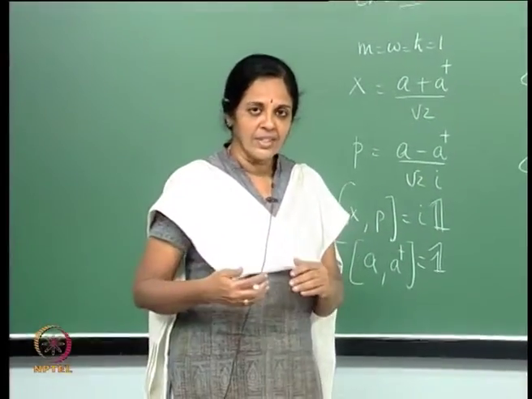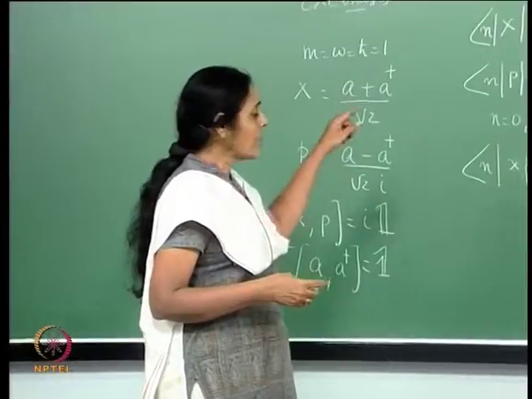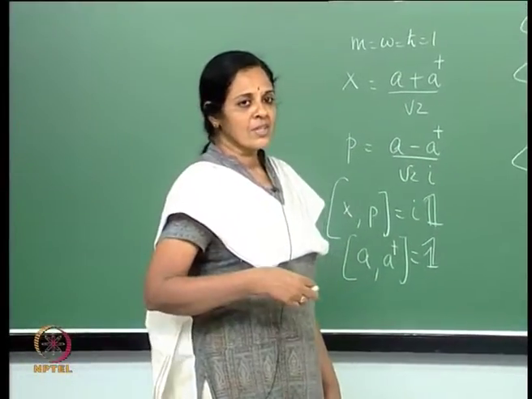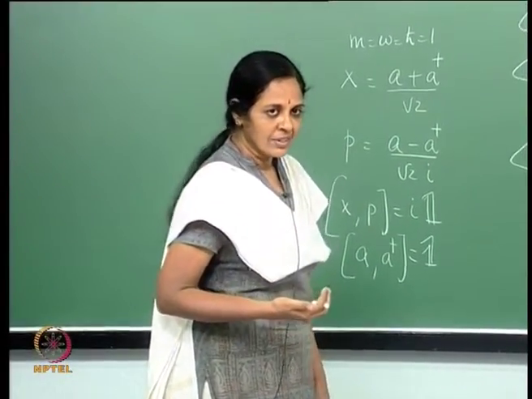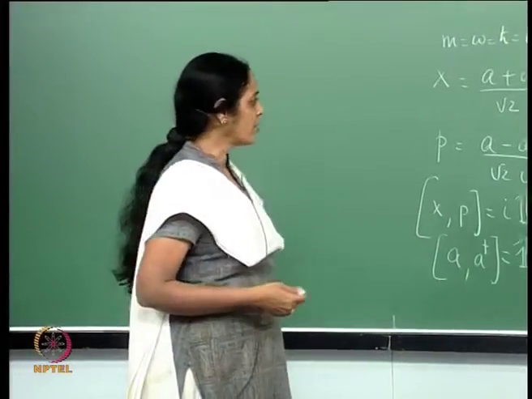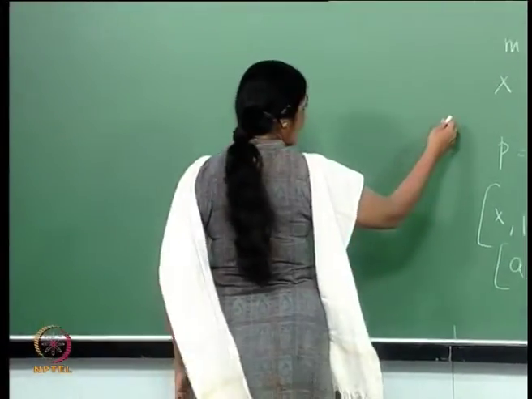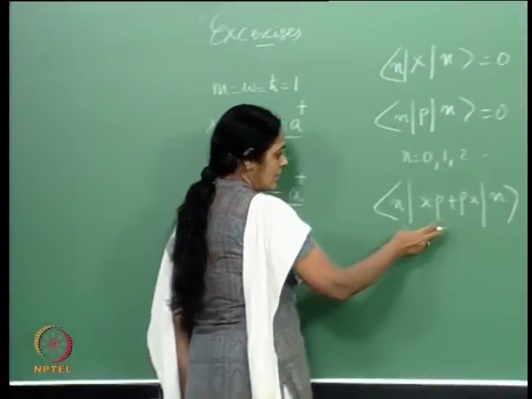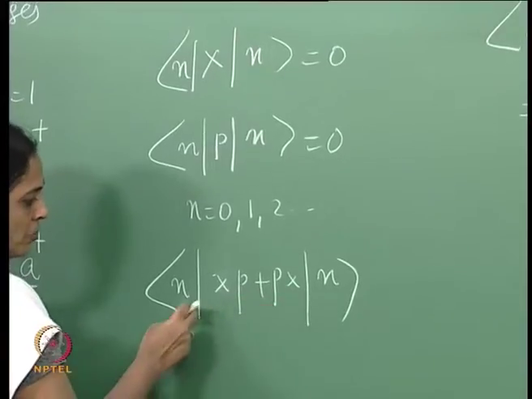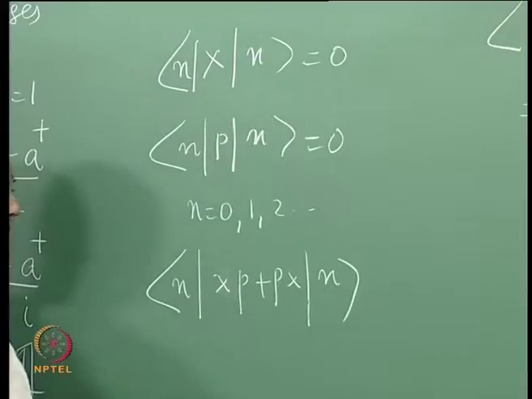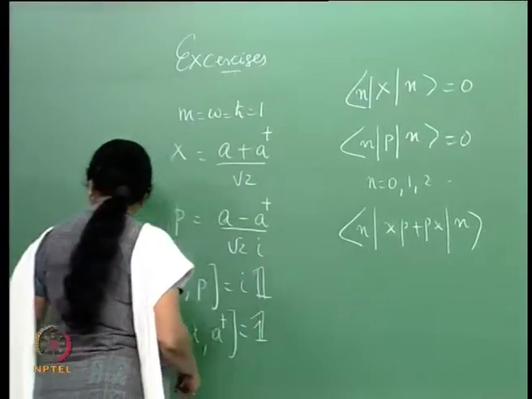It is rather early in the day to discuss that, but I will come back to this problem when I discuss the harmonic oscillator in the position representation later on. The next thing I wish to prove is that this object is also equal to 0. So, let me work that out.